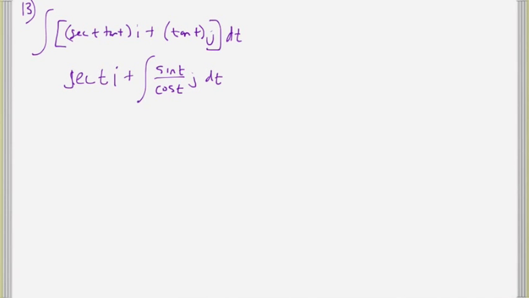And we're going to need to do a u substitution on this guy. We're going to let u be cosine t. Then du is negative sine of t dt. So dt is du over negative sine of t.